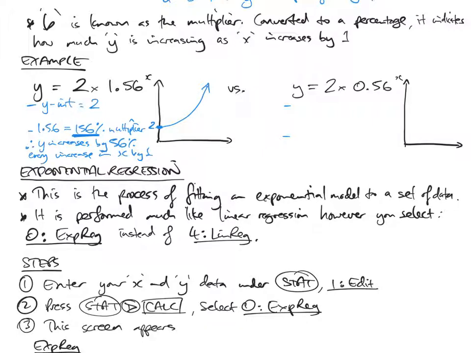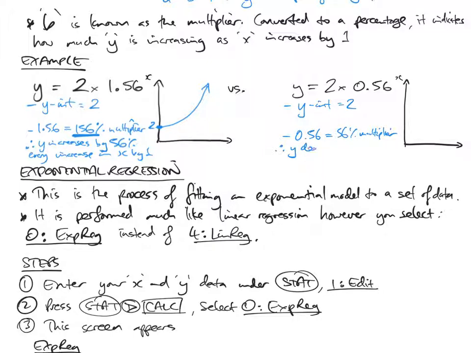This graph, on the other hand, this also has a y-intercept of 2 because a is 2. But it's decreasing because the multiplier is less than 1. Okay, so it's a 0.56. That means 56% multiplier. So instead of increasing, it's decreasing by 56, 100 take 56, 44.